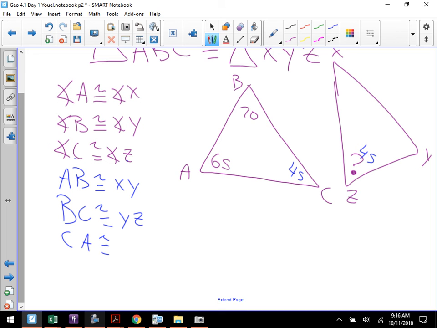If I write down CA, I start at the end and go to the front, which means I have to do the same thing with the other letters. Z, X. Now remember, ZX and XZ are the exact same segment. Segment lengths are the same going both ways.